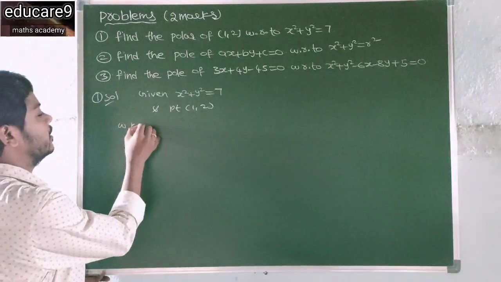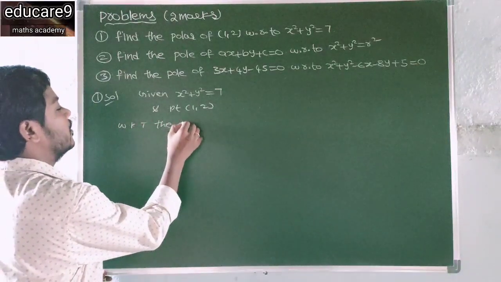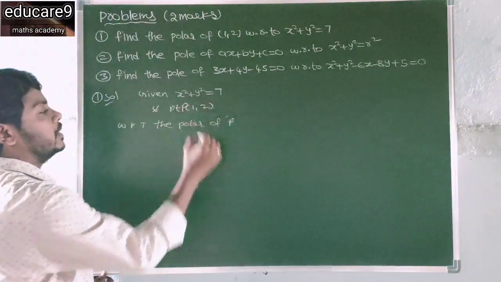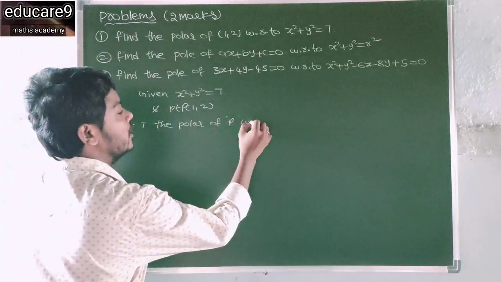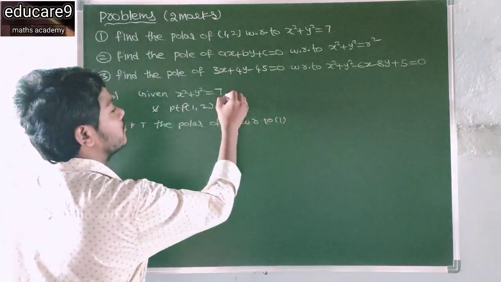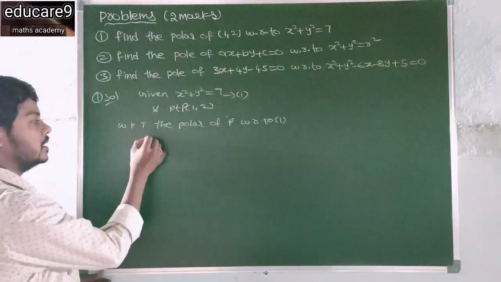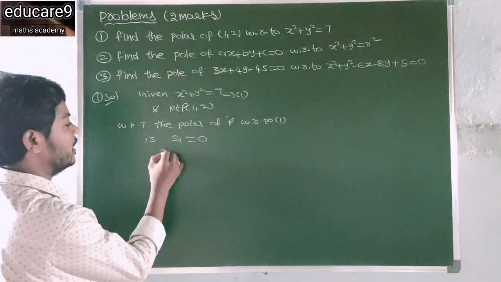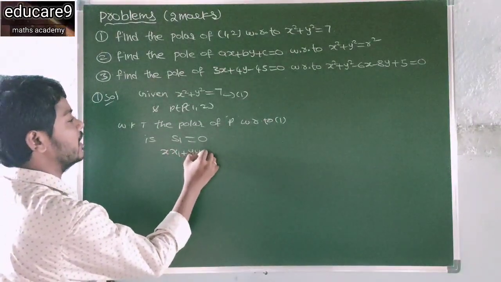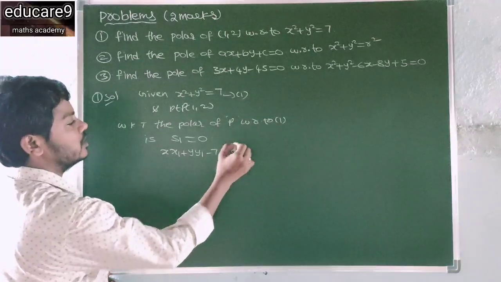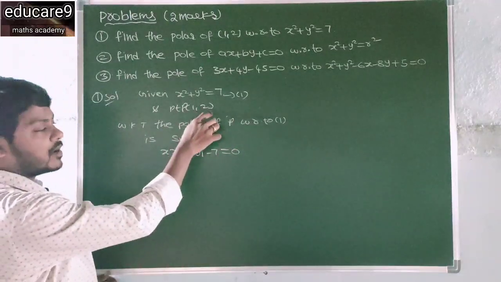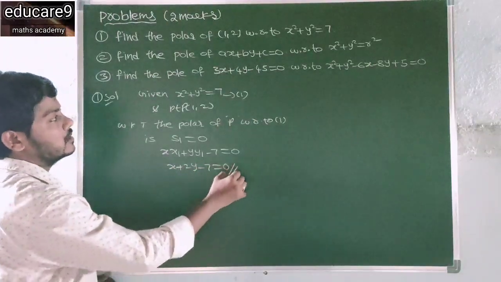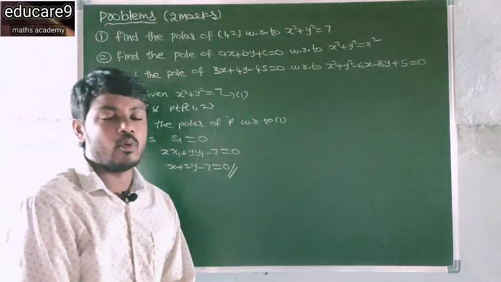So you know that the polar of P, so this is the point P, with respect to the circle is S1 is equal to 0. So what is S1? x x1 plus y y1 minus 7 is equal to 0. So this is the point x1 comma y1, that is x plus 2y minus 7 equals to 0. So this is the equation of the polar.